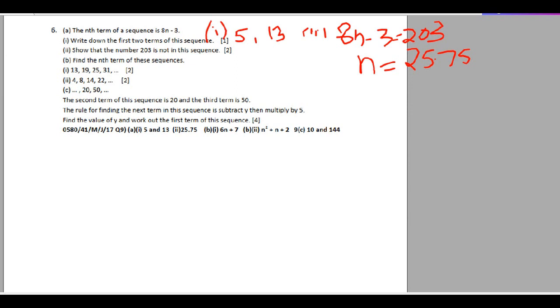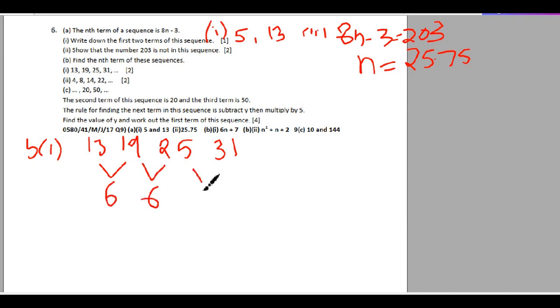Part B, find the nth term of these sequences. So we're doing B1: 13, 19, 25, 31. What is happening? 6 is being added, then again 6 is being added, then again 6 is being added.